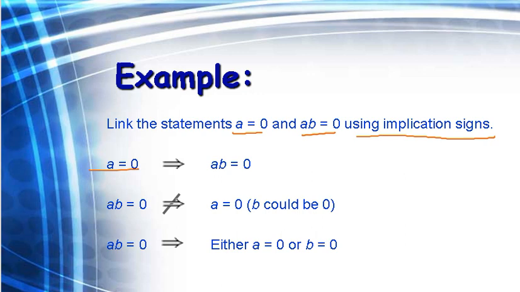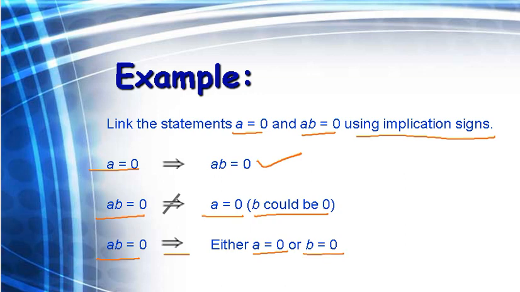It implies that AB equals 0. But AB equals 0 does not imply A equals 0, since B could be 0, right? Next, AB equals 0 implies that A equals 0 or B equals 0.